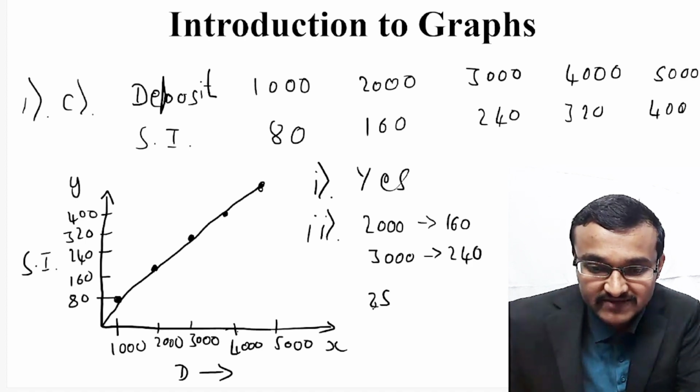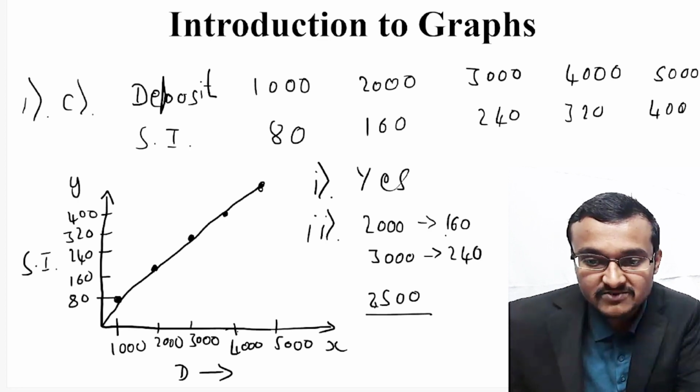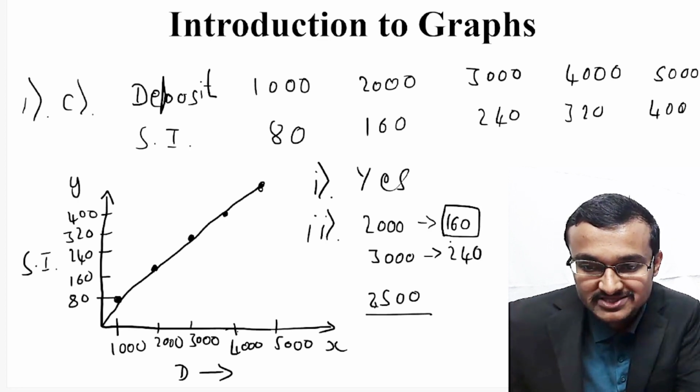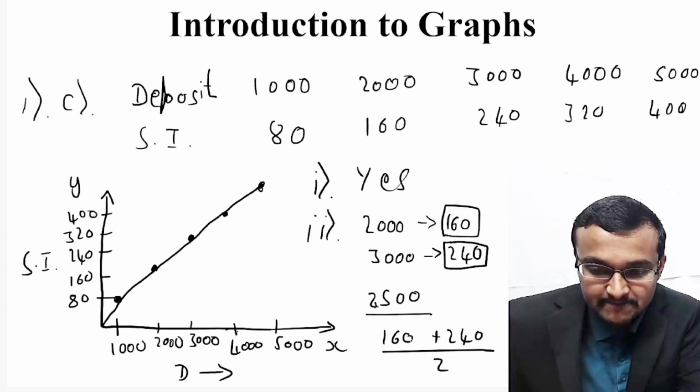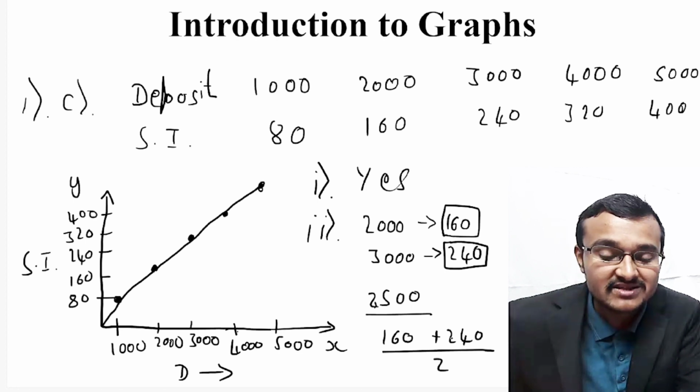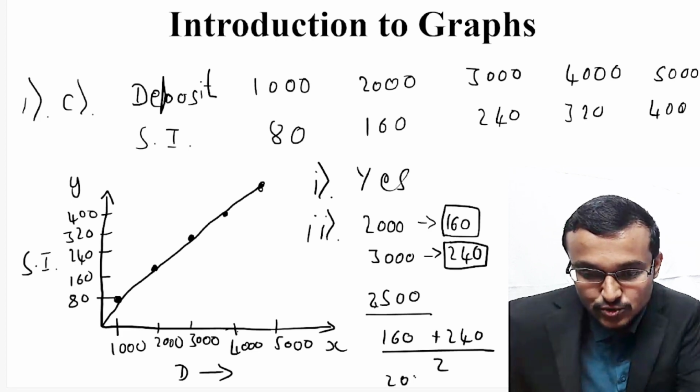So 2500 is in between 2000 and 3000, because 2000 plus 3000 divided by 2 is 2500. Similarly, we add 160 and 240 and divide by 2. 160 plus 240 is 400, so 400 divided by 2 will be 200.